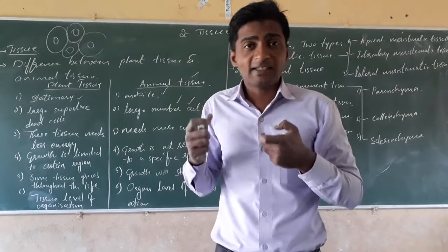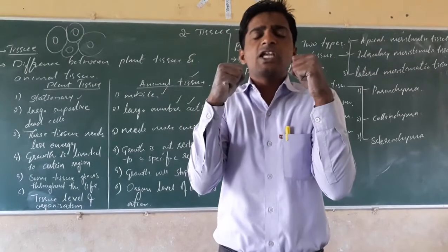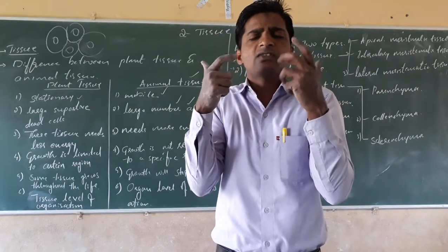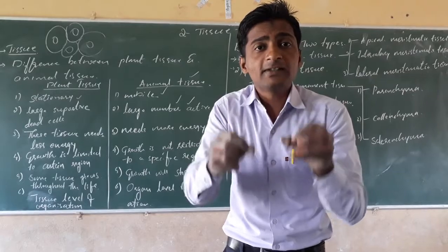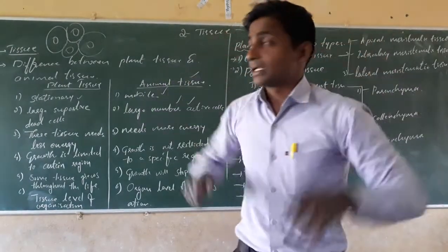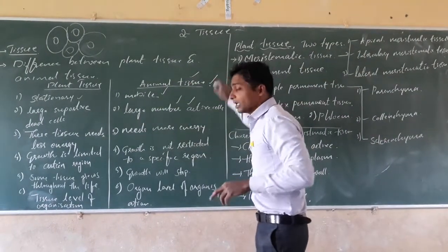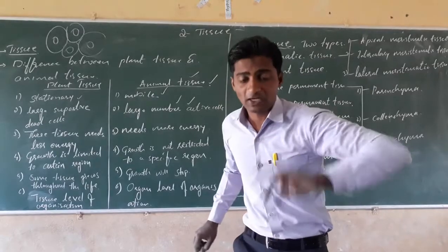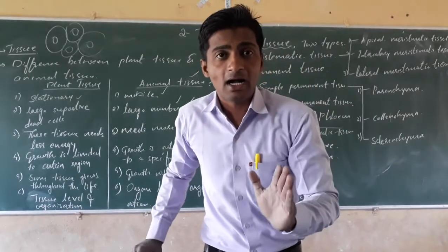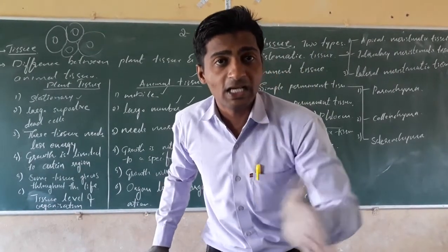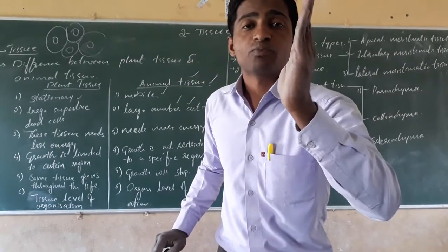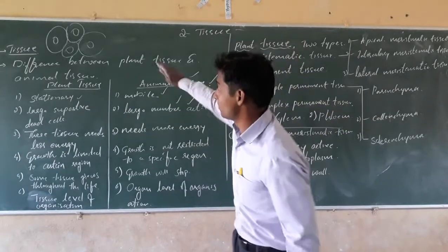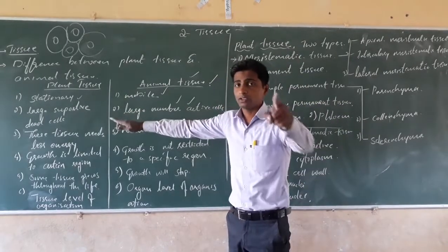But plant tissues are stationary, so they don't need more energy. Plant tissue needs very little energy. Animal tissues are mobile, so they need energy. That's why the energy requirement of animal tissue is higher than that of plant tissue. Understood or not?